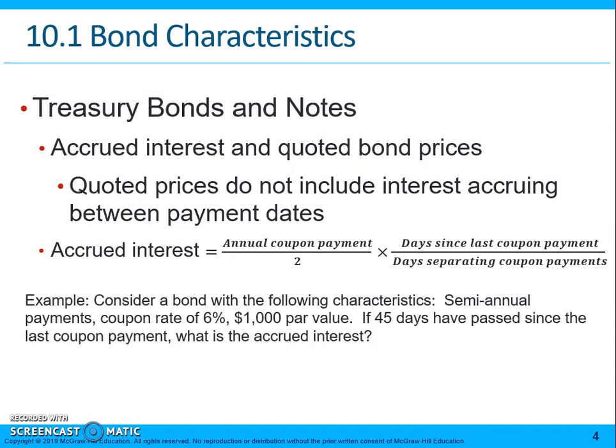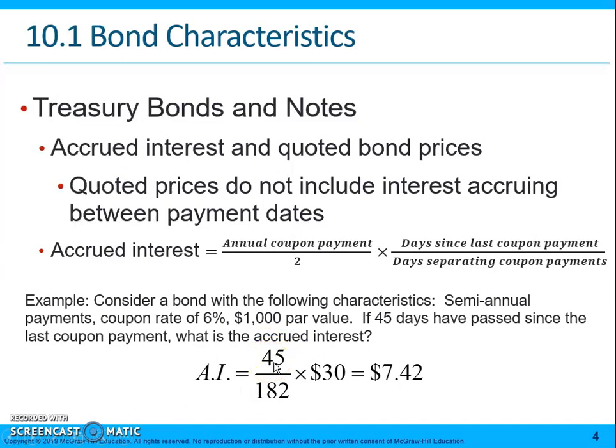For example, we have a bond with semi-annual payments, 6% coupon rate, $1,000 par value, and 45 days have passed since the last coupon payment. So what is the accrued interest? In this case, it's 45 divided by 182. They don't give you the 182. There is a function on your BA II Plus calculator that will calculate days.